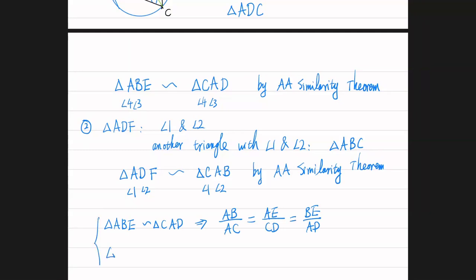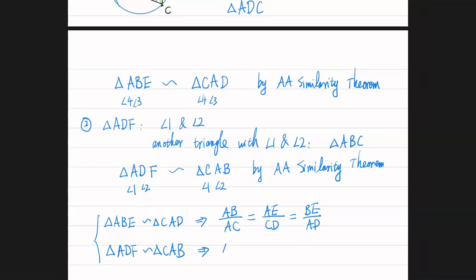Similarly, triangle ADF is similar to CAB, which implies the corresponding sides have the same ratio: AD over AC, AF over BC, DF over AB.